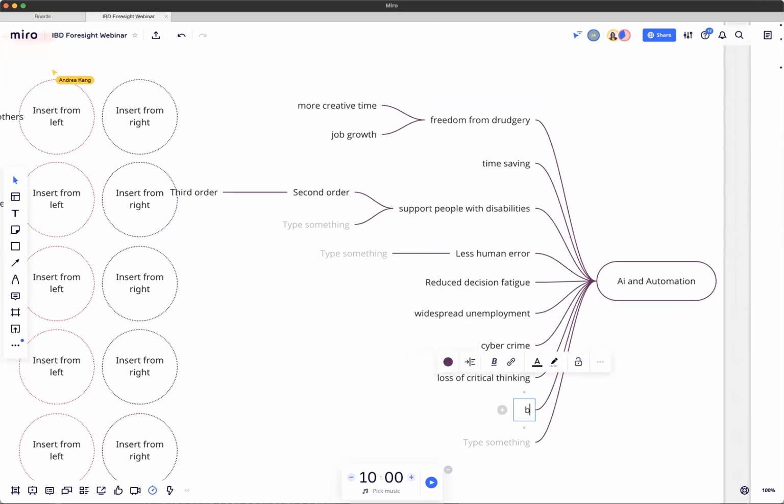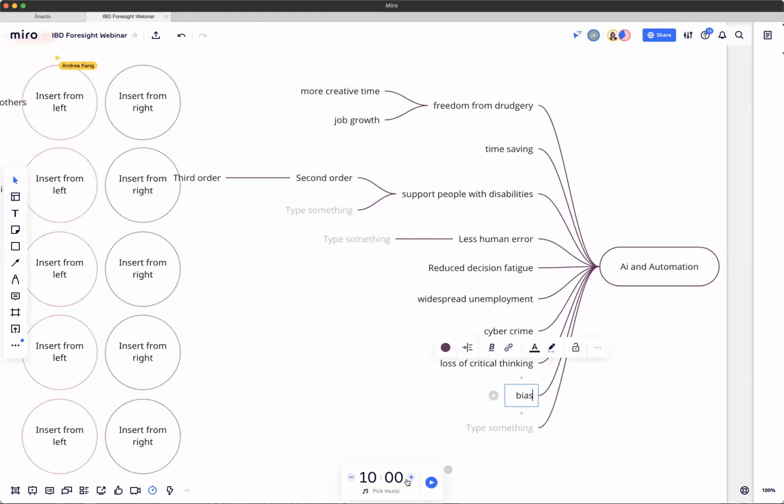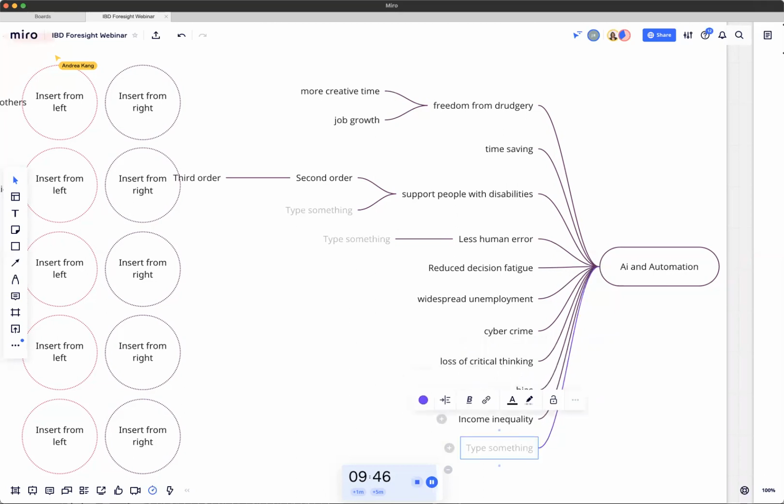Yep, huge thing around bias here. Income inequality came back again too. It's a very common theme here. Misinformation. It's also a very obvious issue here. Yep, hackers being able to steal data.